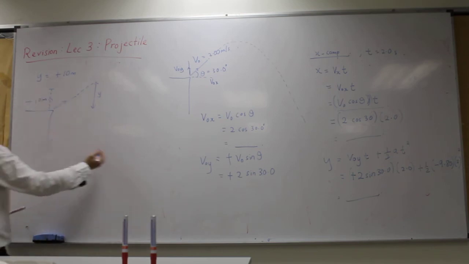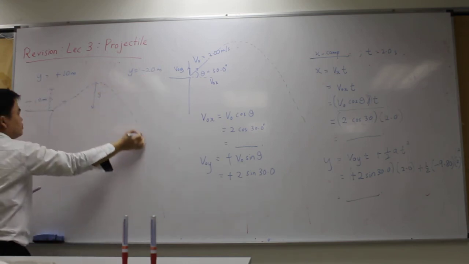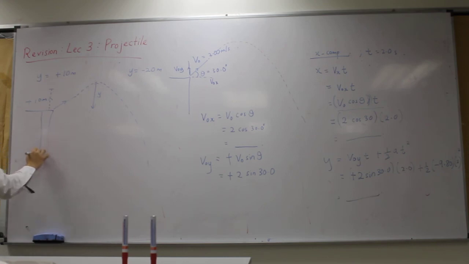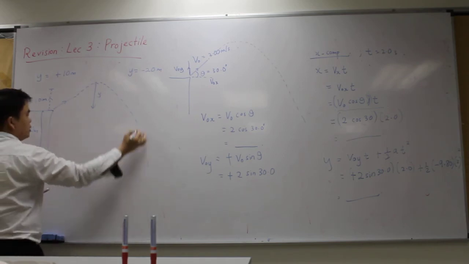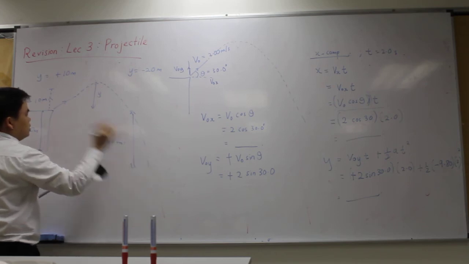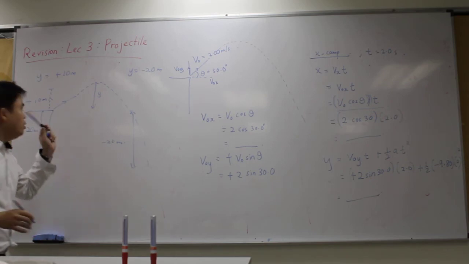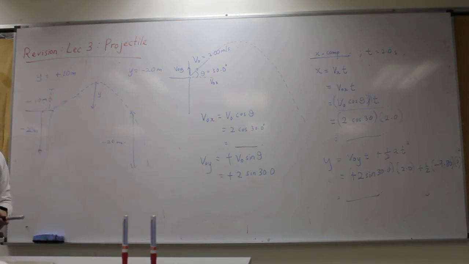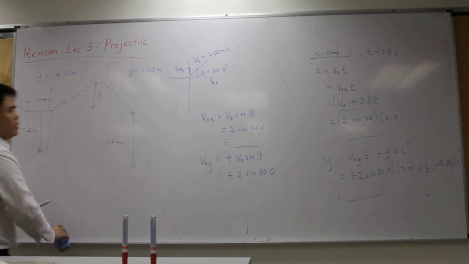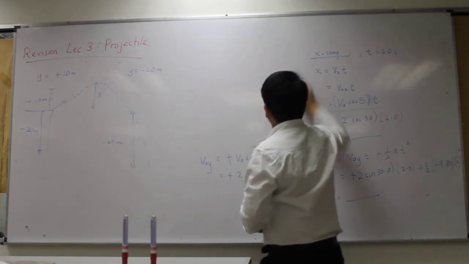If in another case the y is negative 20 meter, then from the reference you go down, which is negative 20 meter, and the corresponding displacement is negative 20 meter. That's why projectile motion is about acceleration, velocity, and displacement, and all three variables are vectors. Direction is very important.